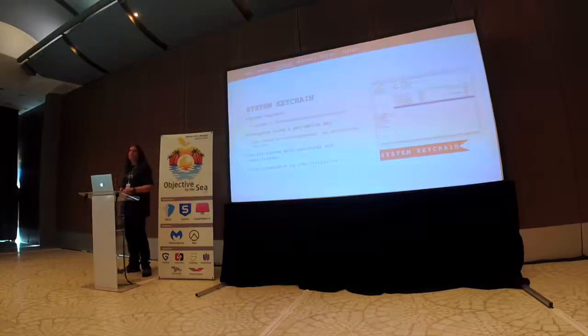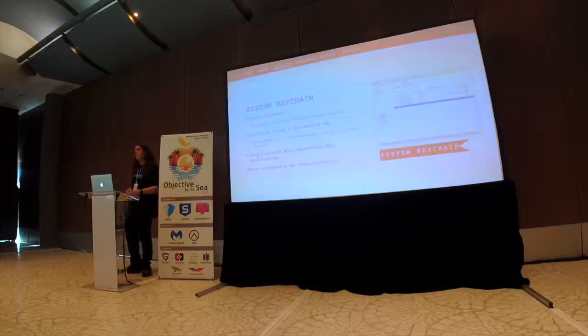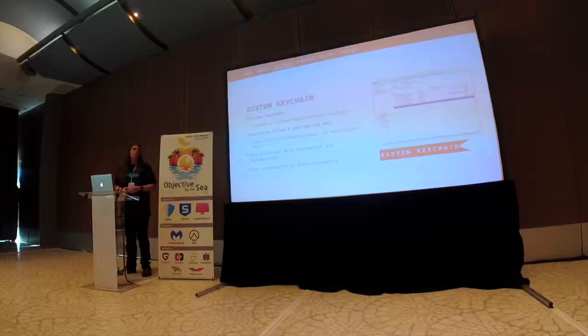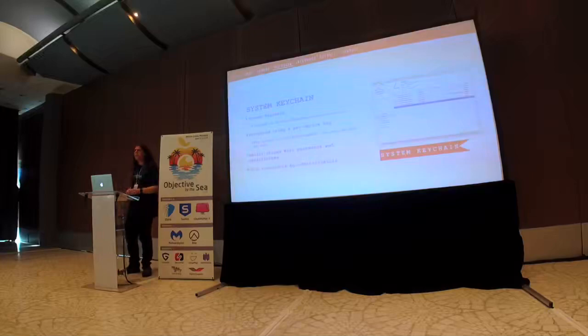But of course, it cannot be encrypted using a user password, because in that case you would need to encrypt the encryption key with the user password, and you just can't do that. It's stored in the file system. The key is only readable by root, and as a normal user, you can check what's inside the system keychain, but you won't be able to see the actual passwords.